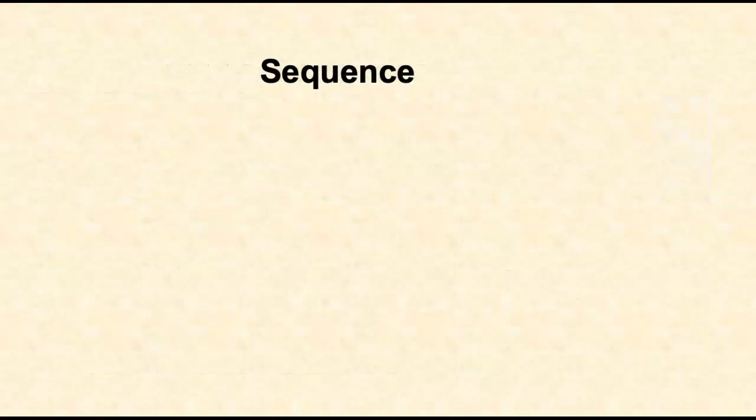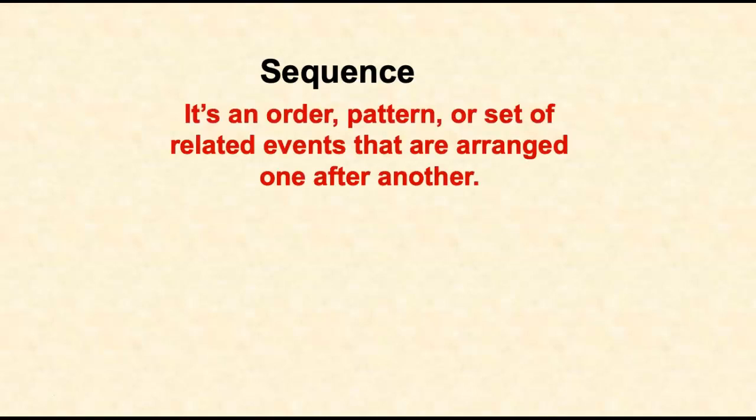Now this word, sequence, is important for what you are doing with Fibonacci poetry. Do you remember how to define it? A sequence is an order, pattern, or set of related events that are arranged one after another.